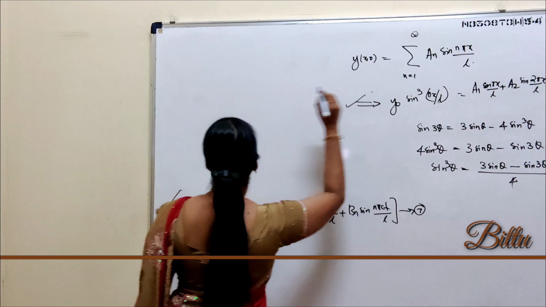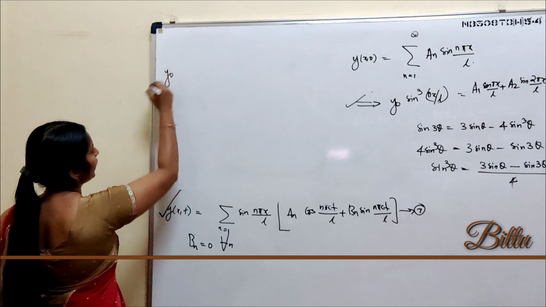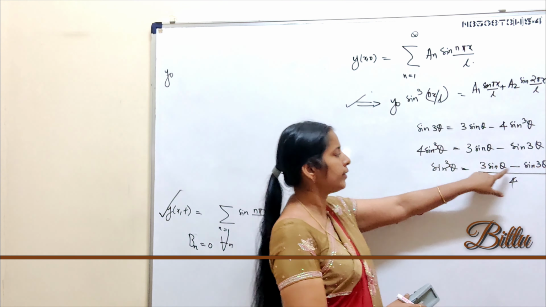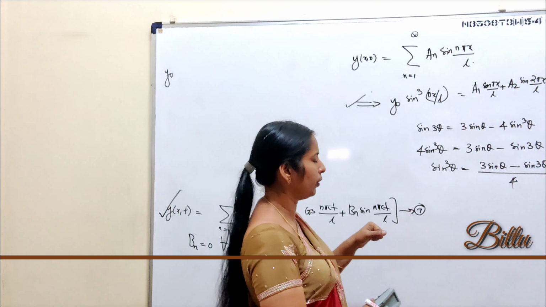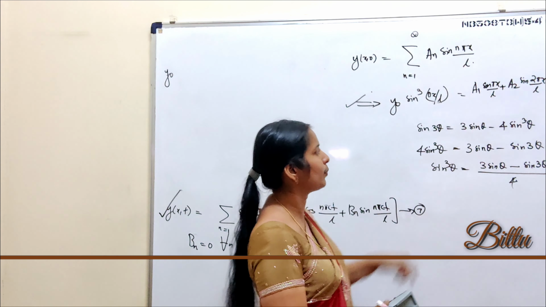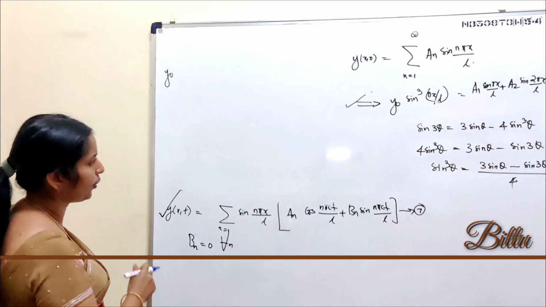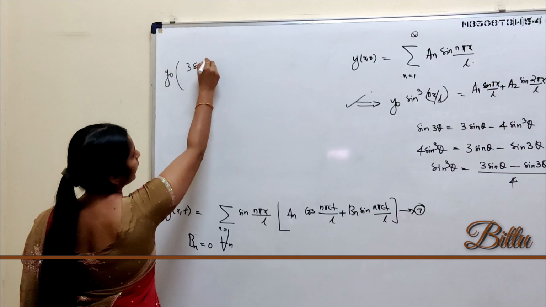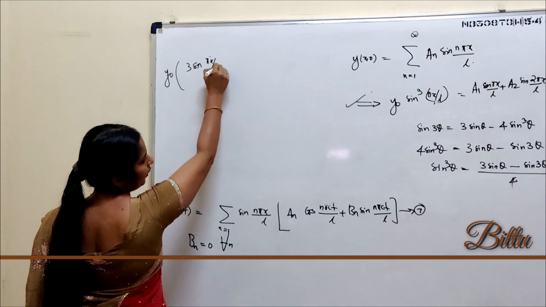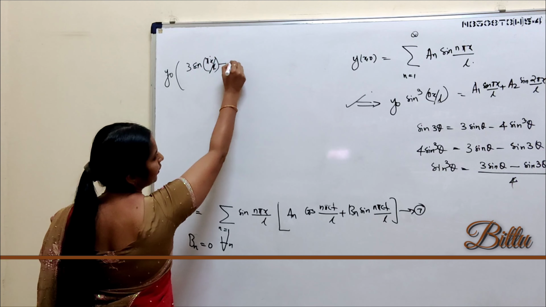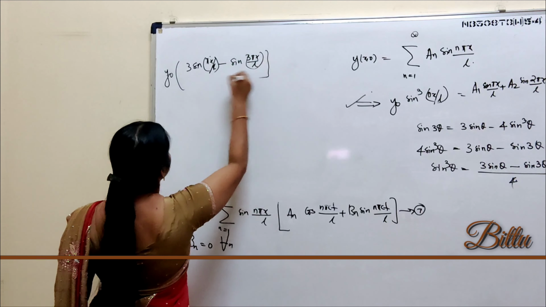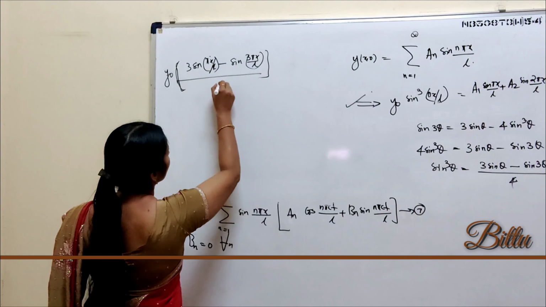So this becomes y0 into sin cube theta. Sin cube theta is given by 3 sin theta minus sin 3 theta by 4. Here instead of theta it is pi x by L. So sin cube pi x by L is 3 sin pi x by L minus sin 3 pi x by L, whole divided by 4.